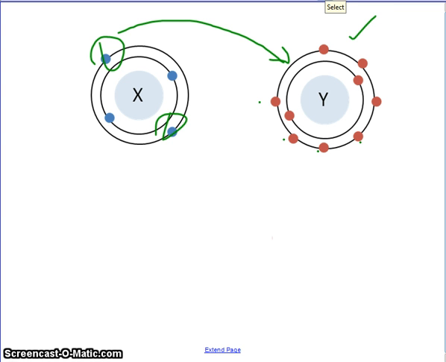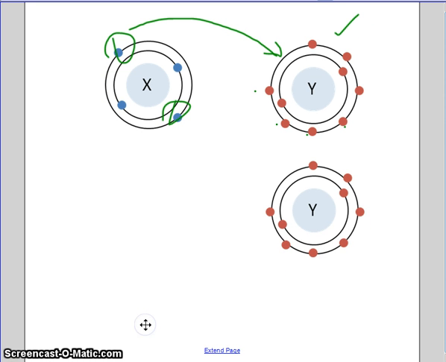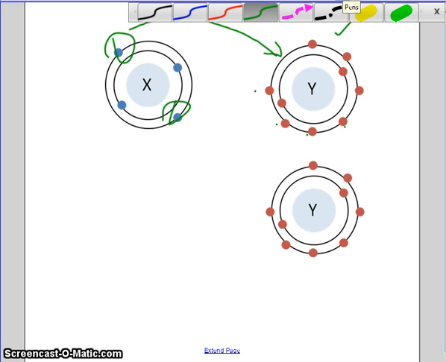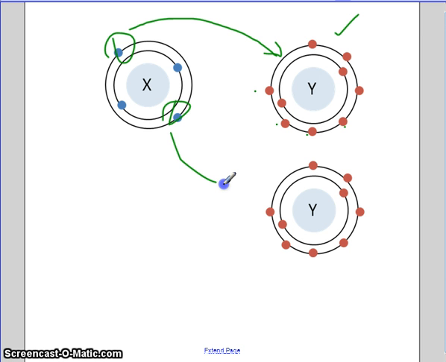So, the same as in the lithium and oxygen example, we would have more than just 1 Y atom. So we do have another Y atom that can take the other valence electron.